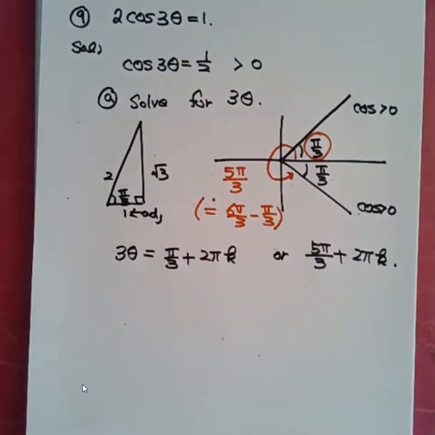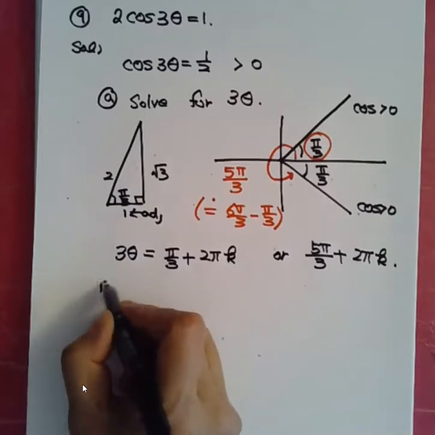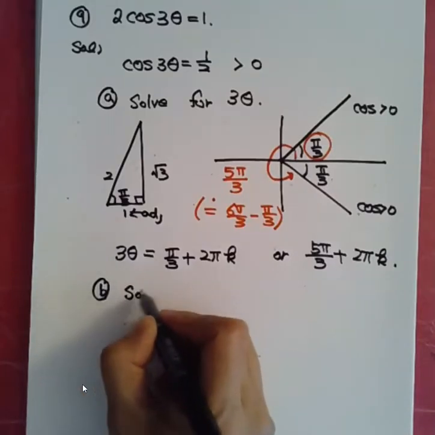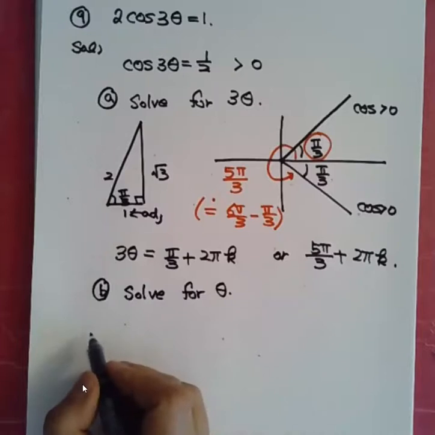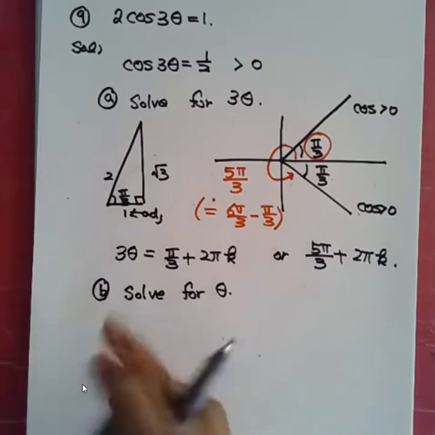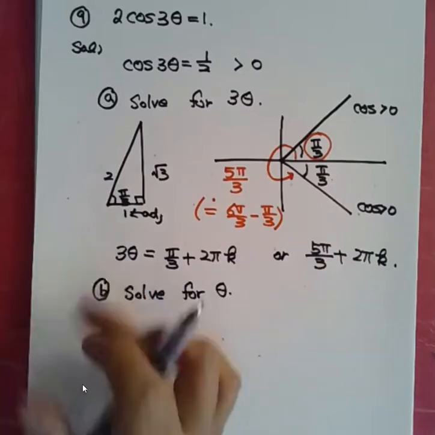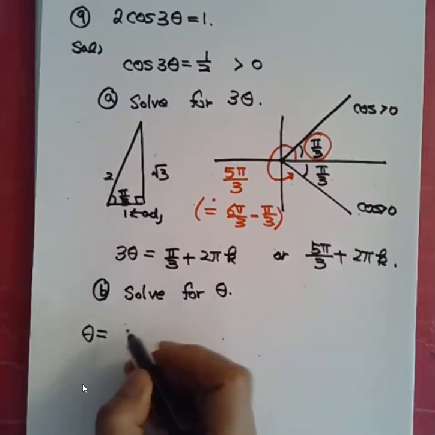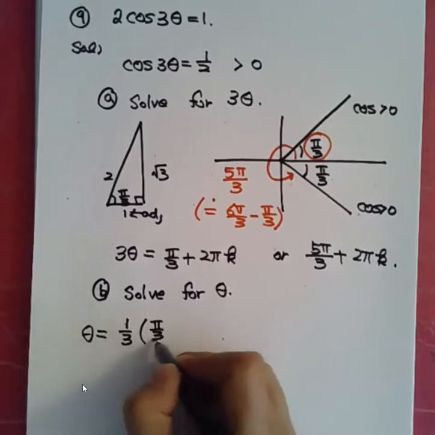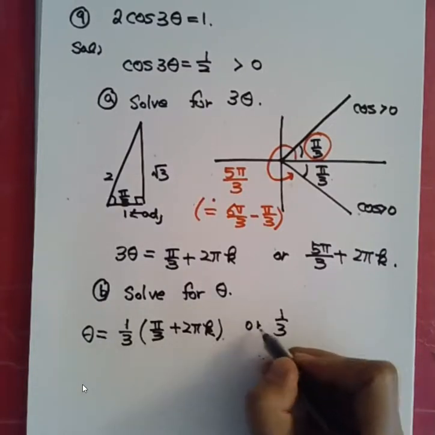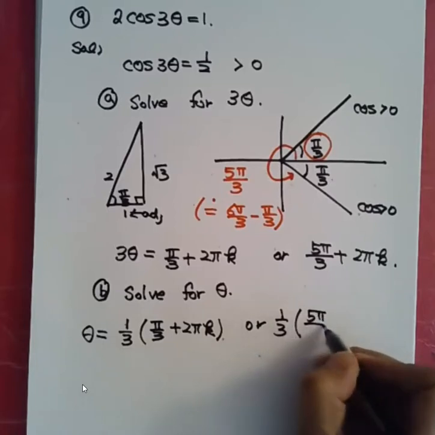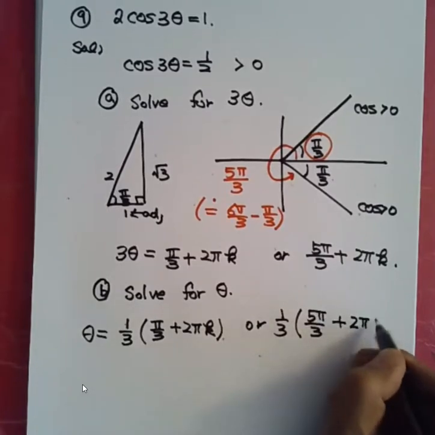That is the solution for 3 theta. Second step is solving for theta. So we have to multiply by 1/3 on both sides. When we multiply 1/3 on the left side, we will get theta. So that will be theta equals 1 over 3 times pi over 3 plus 2 pi k, or 1/3 times 5 pi over 3 plus 2 pi k.